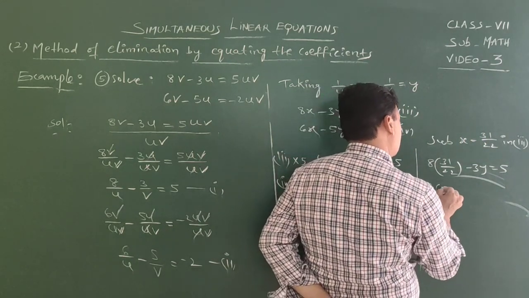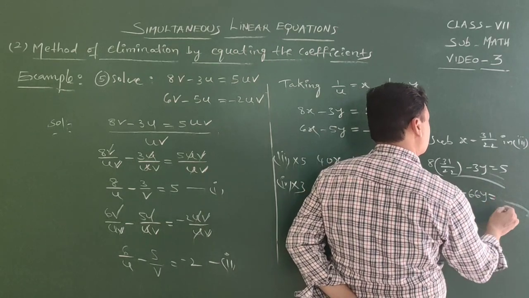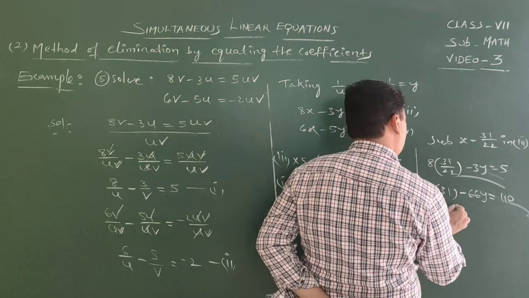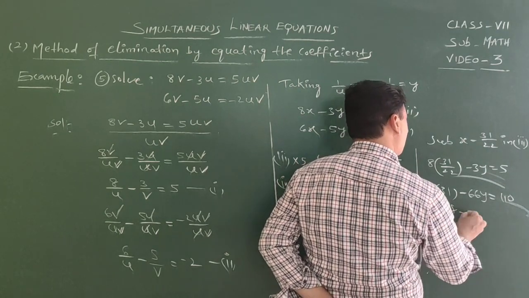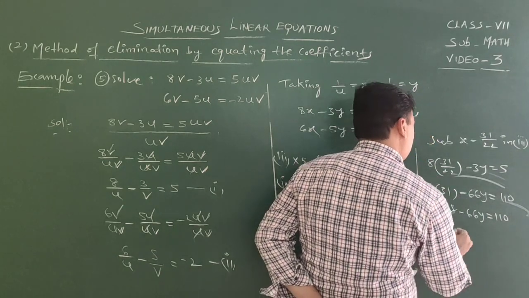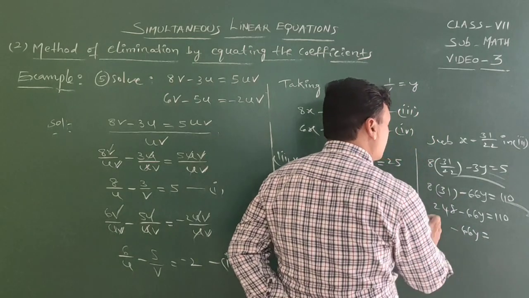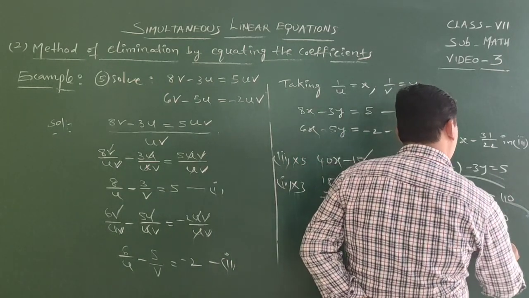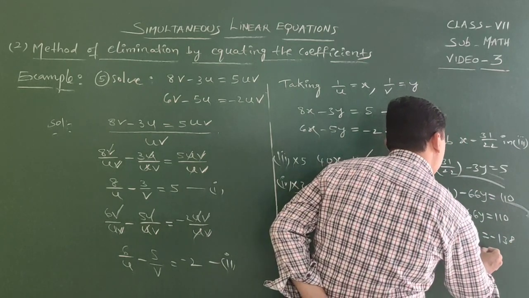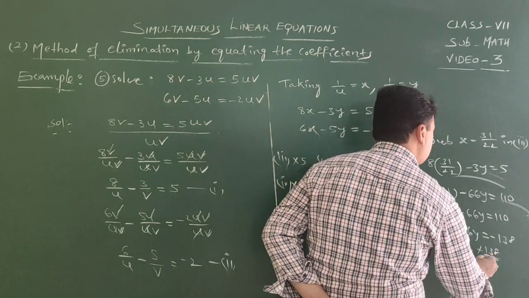Here 8 into 31 minus 66y equal to 110. 8 times 31 is 248 minus 66y equal to 110. Here minus 66y equal to minus 138. So y equal to minus 138 by minus 66.